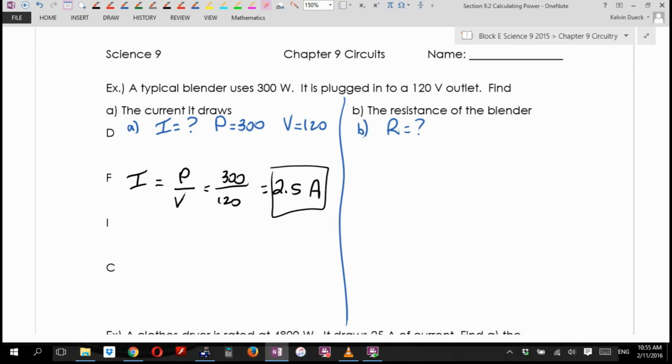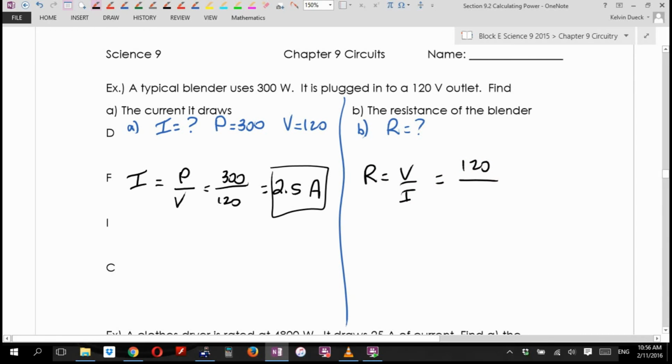Okay, Evan, what equation? R equals V over I. That works, because I found I from part A. I had to do it in this order. I couldn't have done B first because I wouldn't have known I. Evan, what's the voltage? 120. Over.